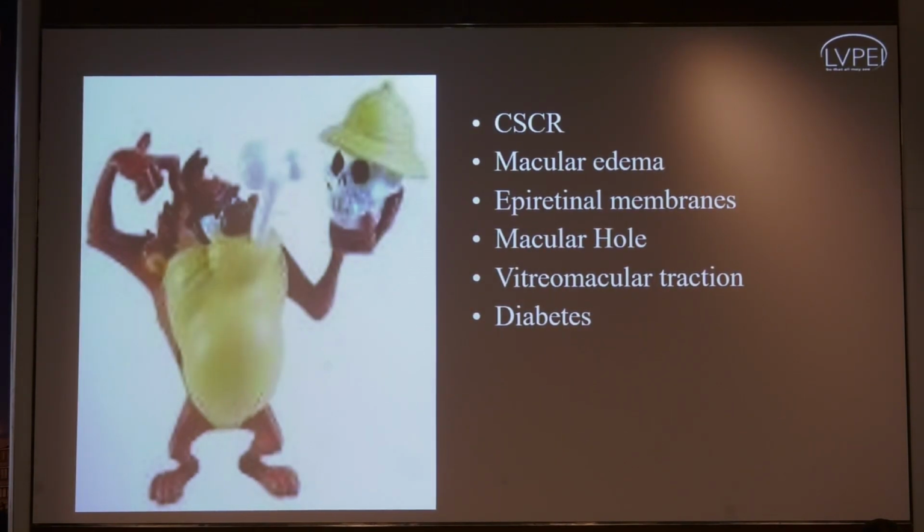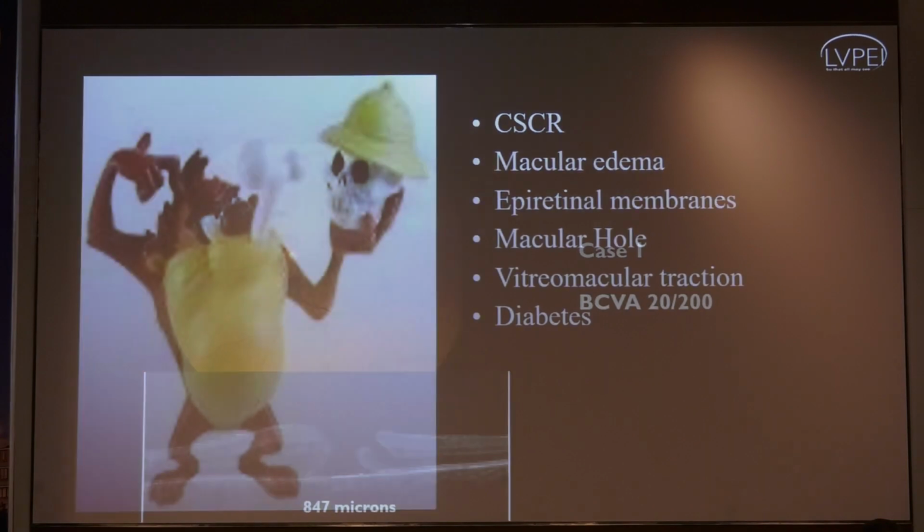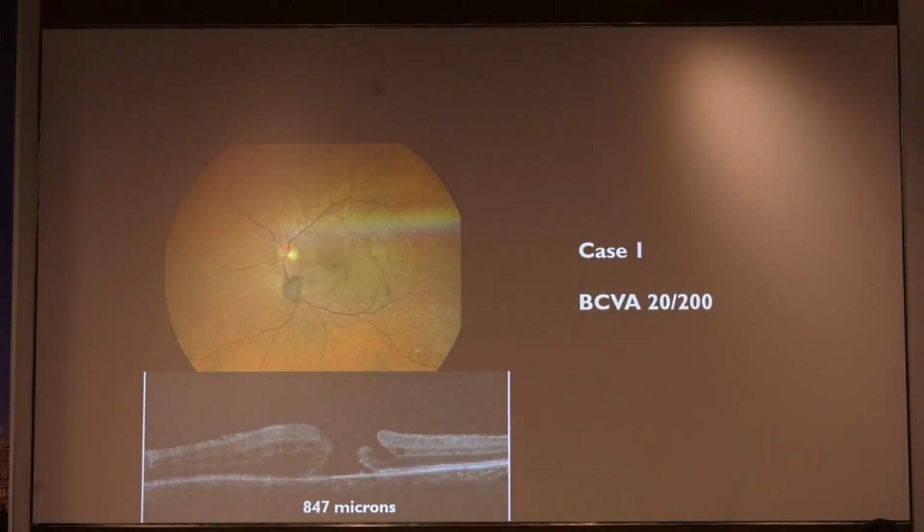We have already had some talks in this session which dealt with macular edema, epiretinal membranes, and possibly vitreomacular traction, which we will deal with in diabetes. These are points you need to keep in mind, so let me show you some cases where the patient was initially referred for cataract, and when we saw the patient, we saw a macular hole. Because of the macular hole, if you go ahead and only do a cataract surgery, sometimes you may end up with a suboptimal visual outcome.